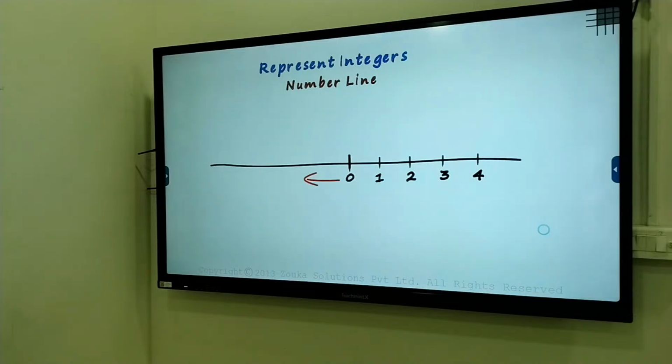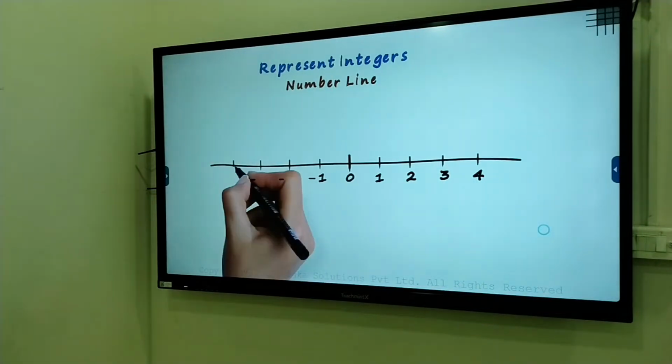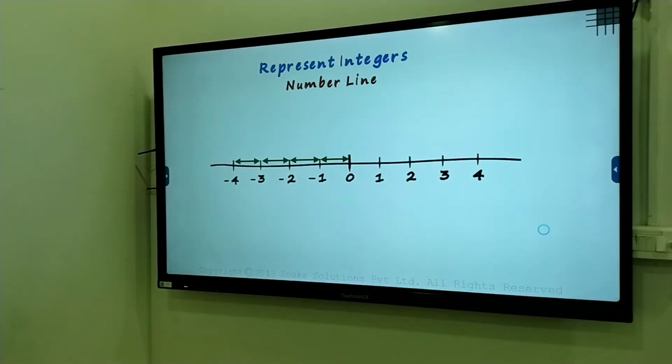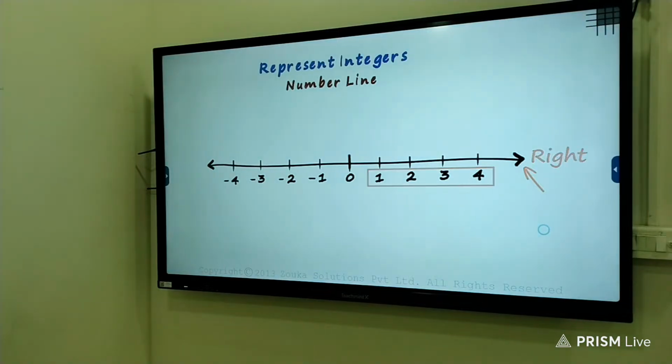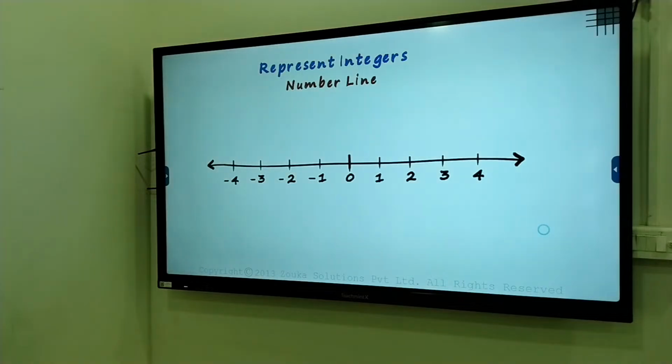On the left side of 0, we mark the negative integers: minus 1, minus 2, minus 3, minus 4, and so on at equal intervals. Since the positive and negative integers go on forever, we mark arrows at the ends of a number line. This arrow tells us that there are infinite positive integers towards the right, and this arrow tells us that there are infinite negative integers towards the left. Not only is this a good way to represent numbers, but this representation helps us in innumerable ways. We will see its uses in the coming videos.